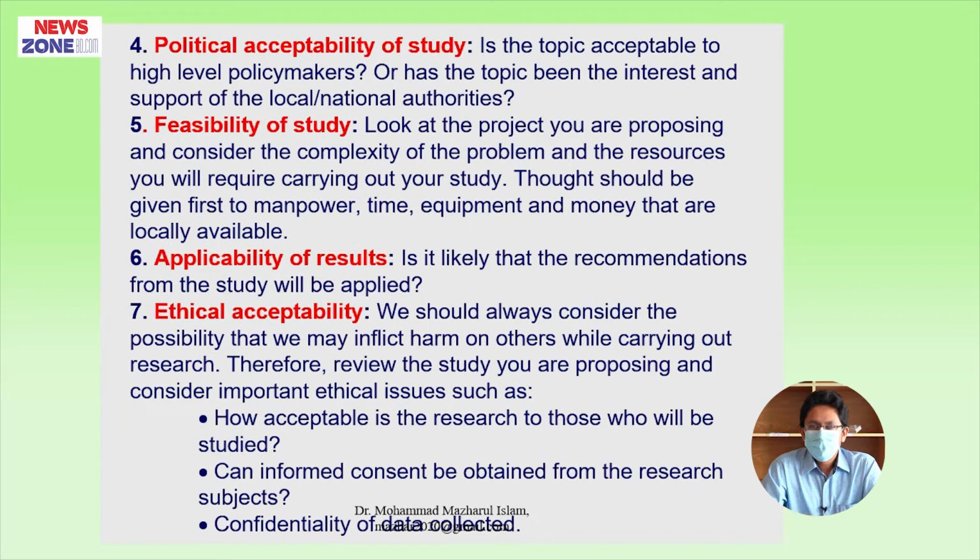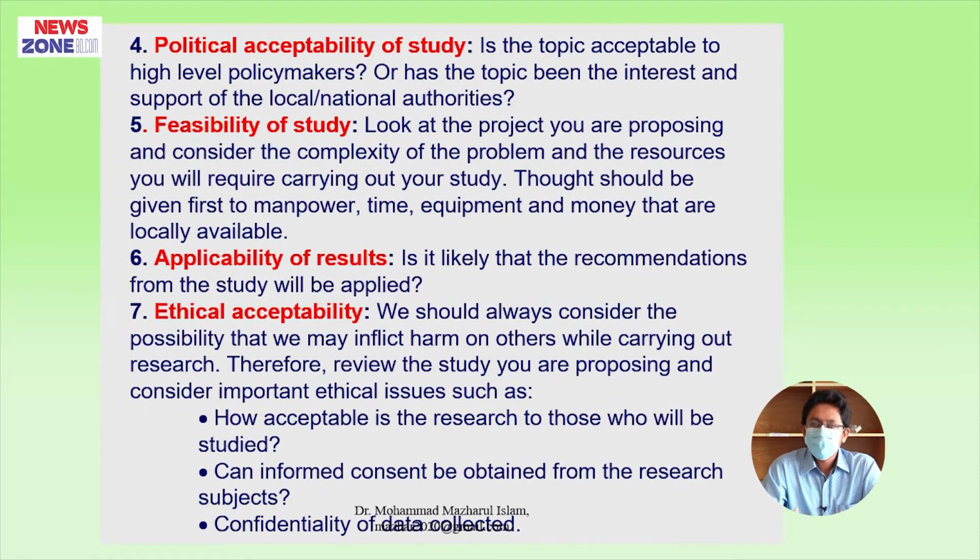Do we have enough manpower to conduct that study? Do we have enough money? Do we have enough materials and equipment? Do we have enough time to do that? We have to consider all these things. This is feasibility.